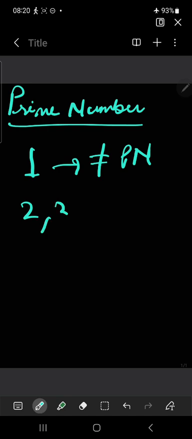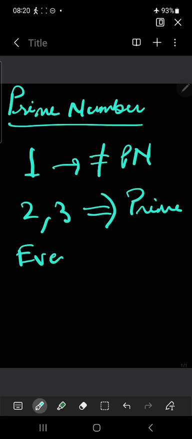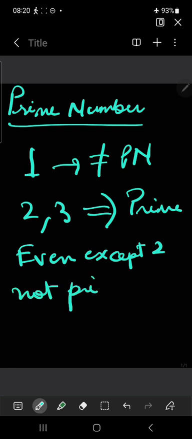If the number is 1, I have already told you that it is not a prime number. If it is 2 or 3, it is a prime number. If any number is even, except 2, then it is not a prime number.